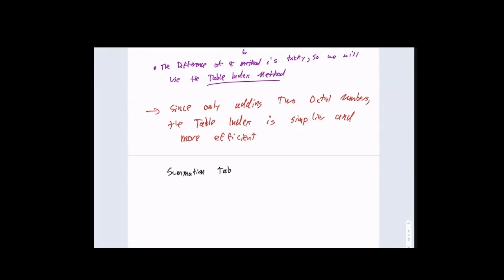Summation table index for base 8, octal.